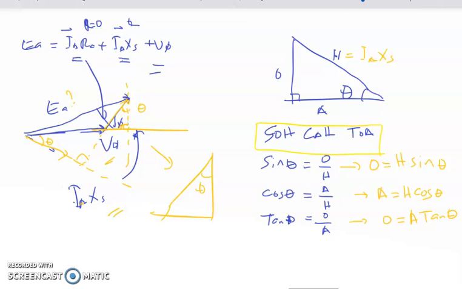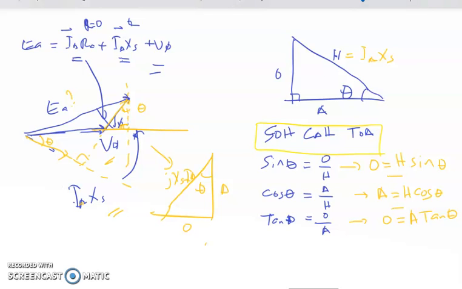So if we shift to the bigger scale, and this is our theta, here will be your hypotenuse, adjacent, and opposite. So you use this formula, opposite and adjacent here.